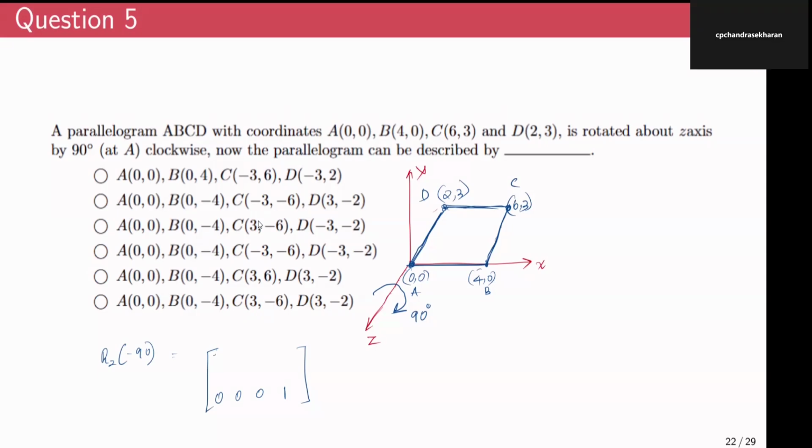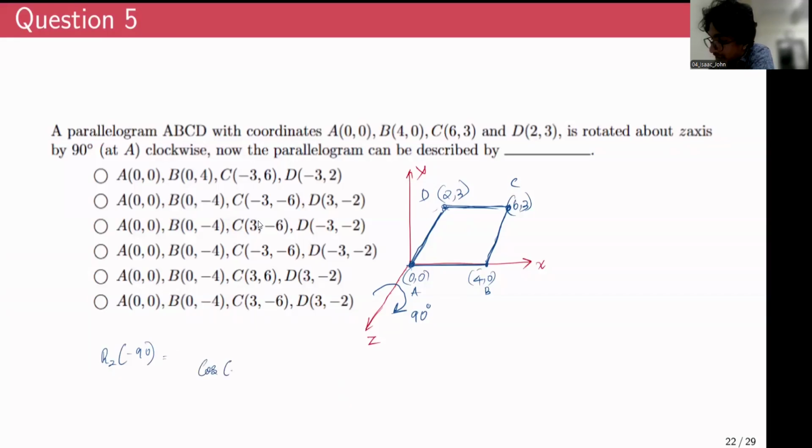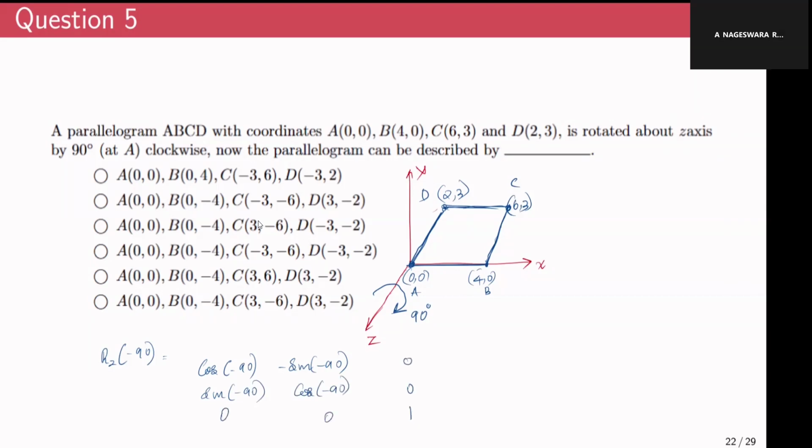I'll write it out, and maybe you can see if there is any mistake or not. It will be cos of minus 90, then minus sine of minus 90, then sine of minus 90, then cos of minus 90, then you have 0, 0, 1, 0, 0.